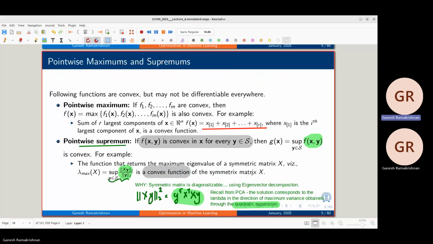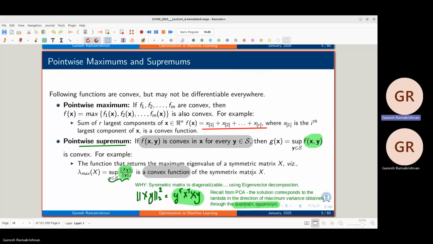But if x is not symmetric, if x is m cross n, what will happen? If y is in Rn and x is m cross n, the norm in the numerator will be in Rm.